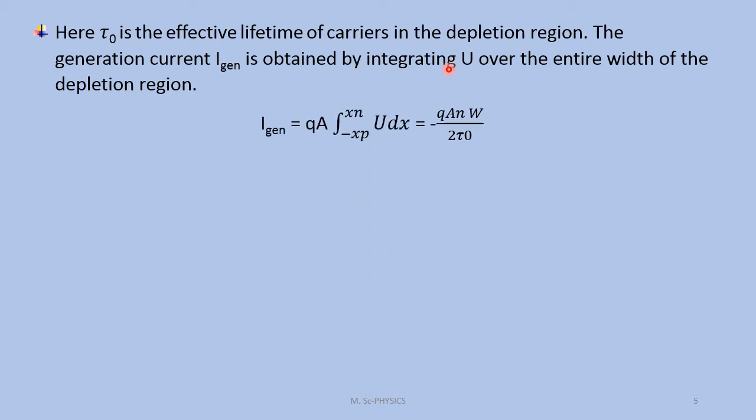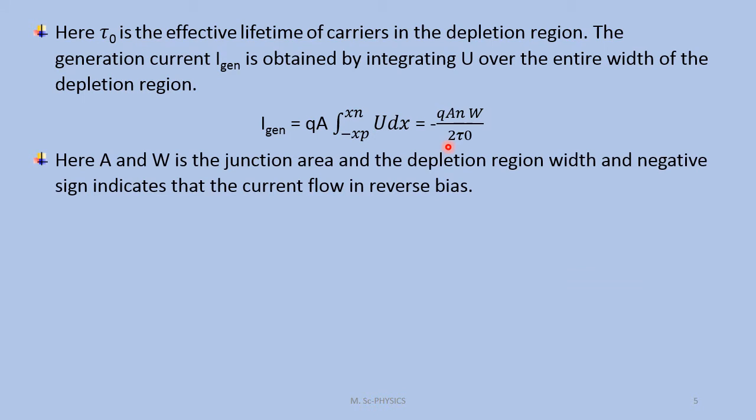I generation is equal to q A integral from minus xp to xn of U dx, which is equal to minus q A ni W by 2 tau naught. Here A and W are the junction area and the depletion region width, and the negative sign indicates that the current flows in reverse bias.